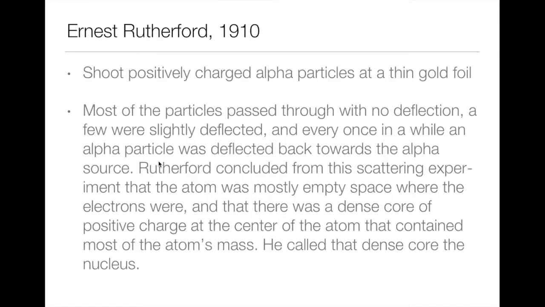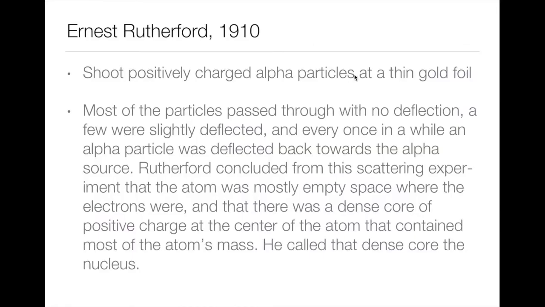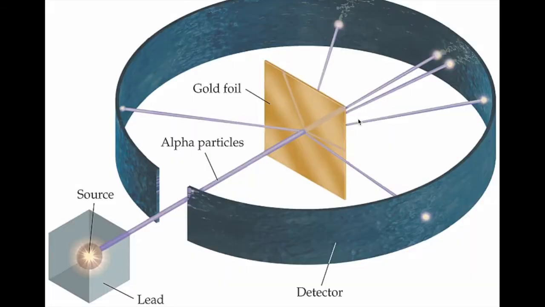All right. And then Ernest Rutherford came in with an experiment. What he did was that he shot alpha particles at a thin gold foil. Most of the particles passed through with no deflection here.